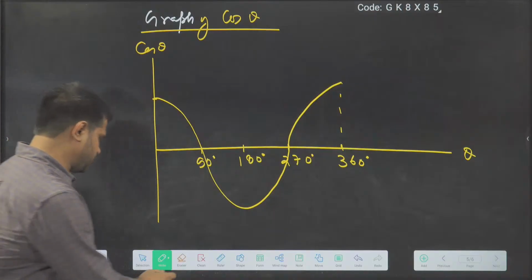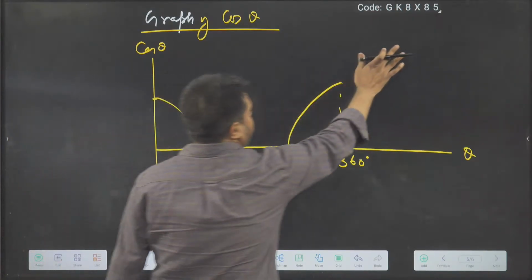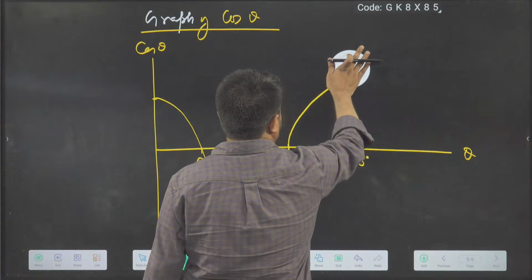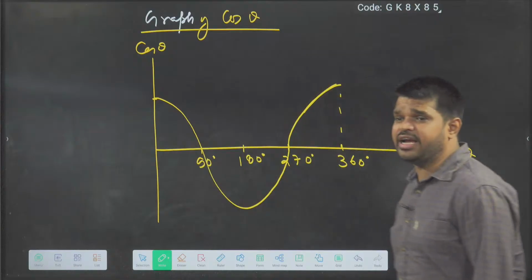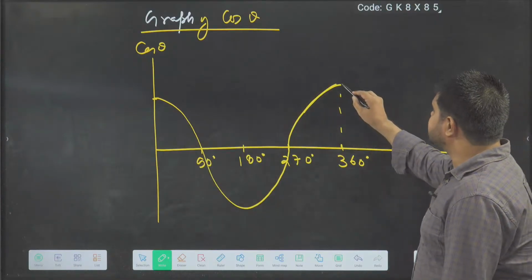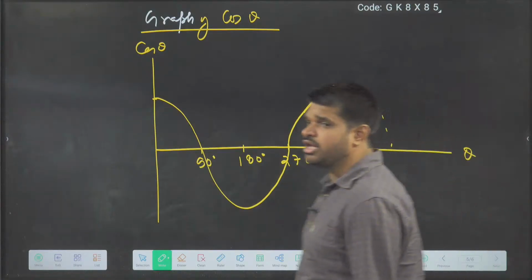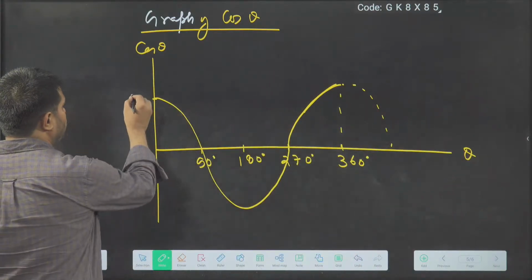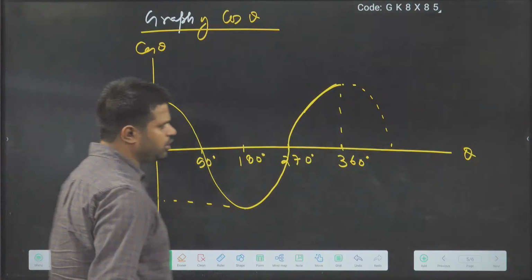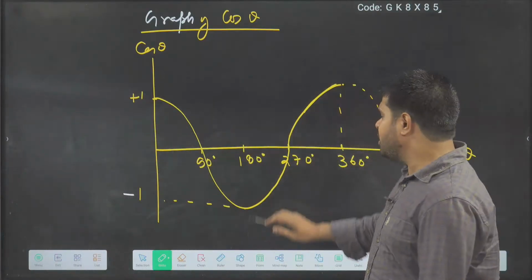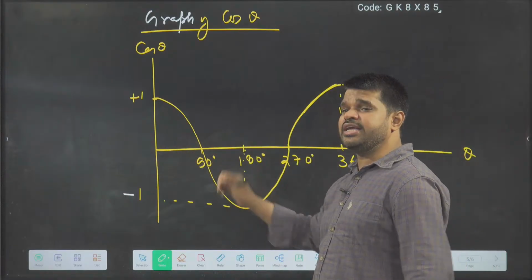Now the question is, will the graph end here? Answer is no. The same graph will be continued because ratios are repeated after 360. So this is plus 1 and this value is minus 1. Now everyone understand one thing, that 0 to 90 is which quadrant?